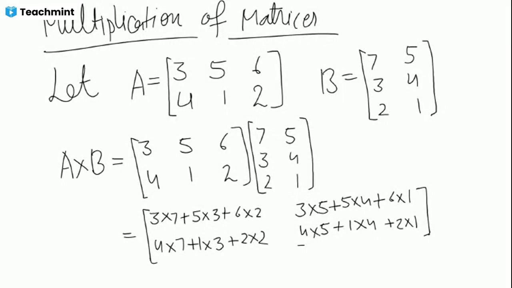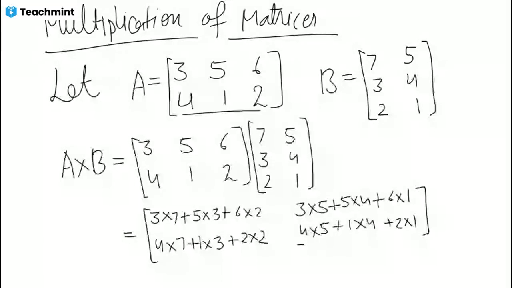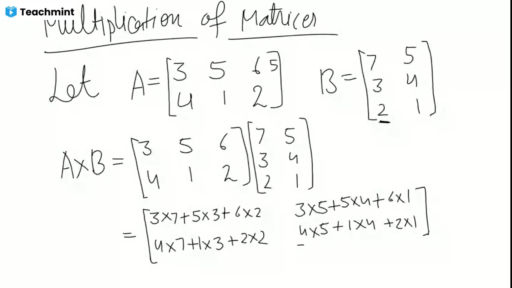Number of columns in the first must be equal to number of rows in the second. Because if we have one more element in the first, how do we multiply when we have only three? So check it: the number of columns in the first matrix must equal the number of rows in the second. Only then we can multiply with this order.